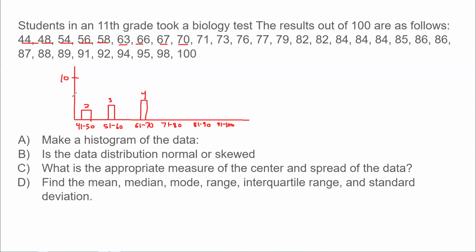Let's say right here is going to be 5, and right here will be 10. For 71 to 80, there are 5. For 81 to 90, there are 11. And then for 91 to 100, there are 6.